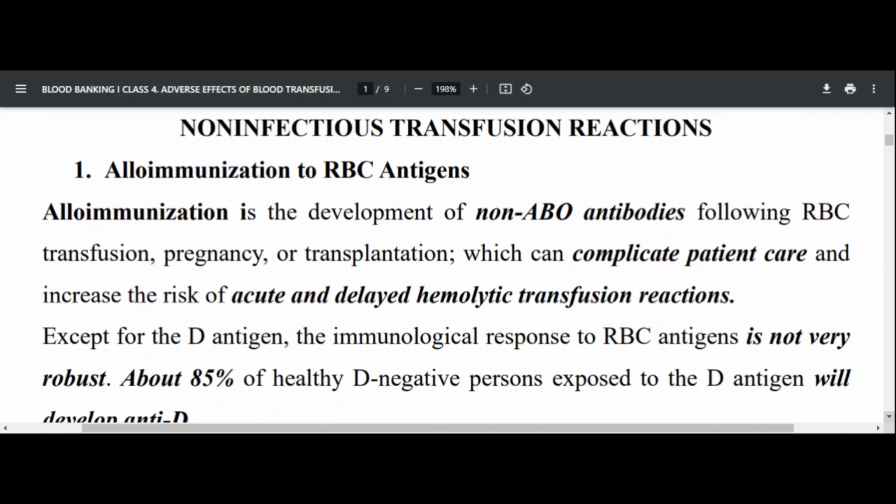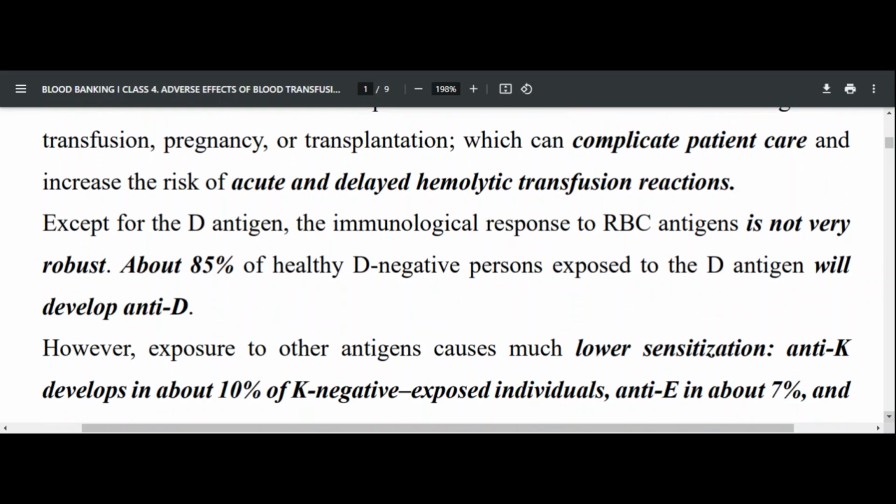About 80% of healthy D negative persons exposed to D antigen will develop anti-D. But 15% of them, even with multiple transfusions, will not develop anti-D. However, exposure to other antigens causes much lower sensitization.